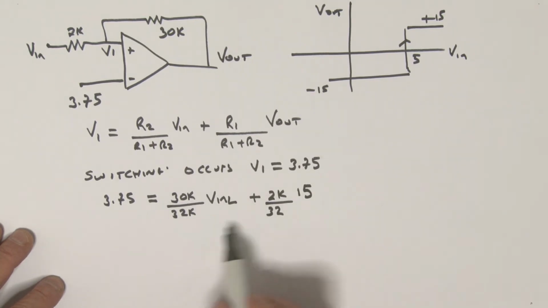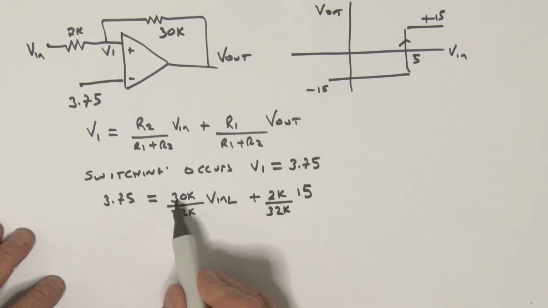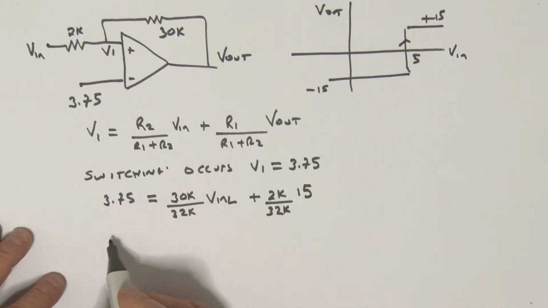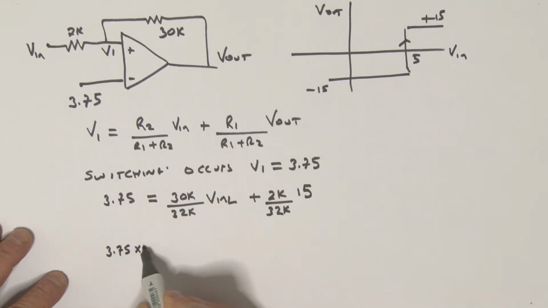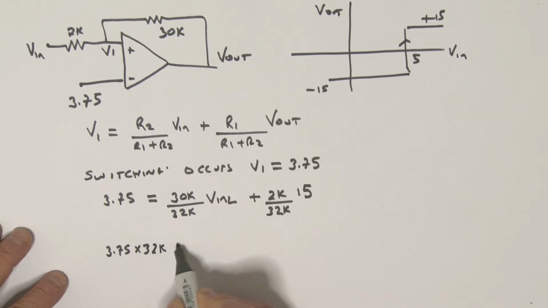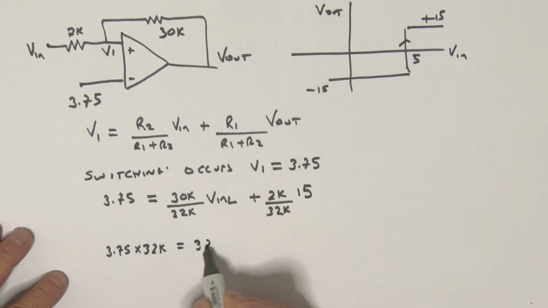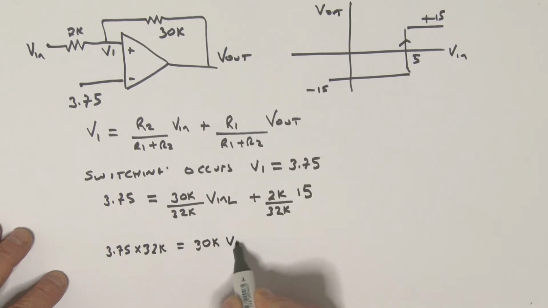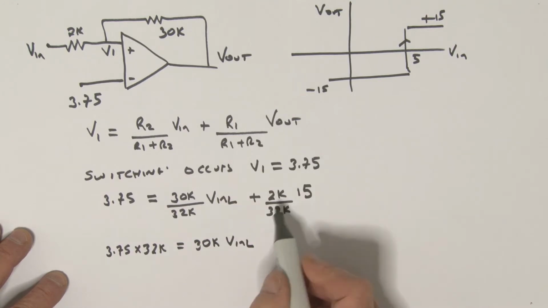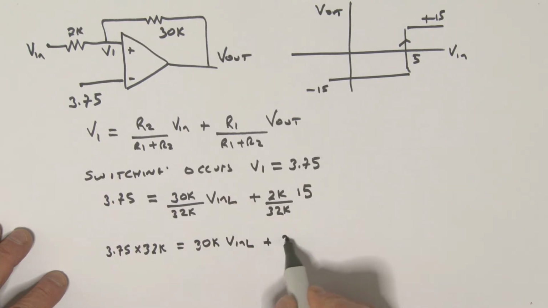So what could we do here? We could simply multiply everything by 32K. So let's go ahead and do that. So that's 3.75 multiplied by 32K is equal to 30K times V in L plus 2K times 15.